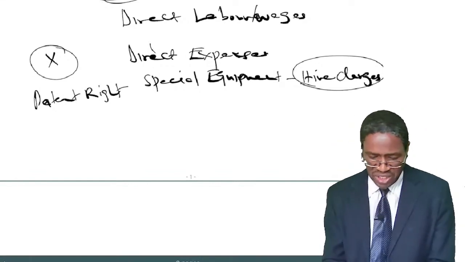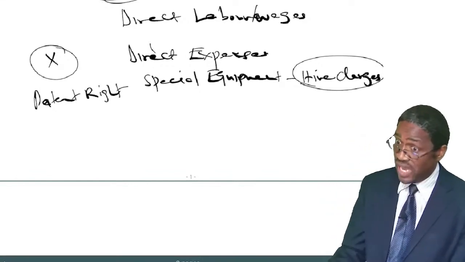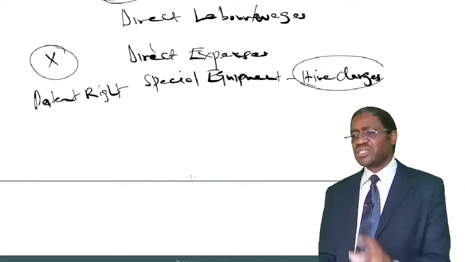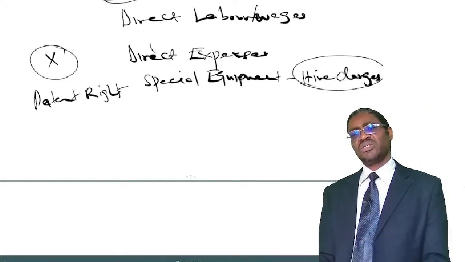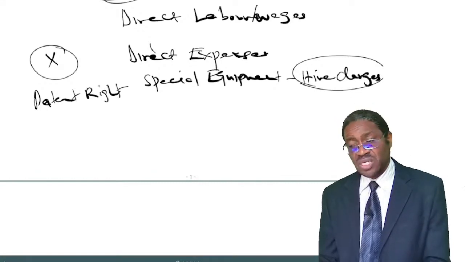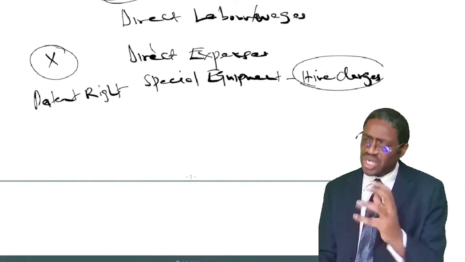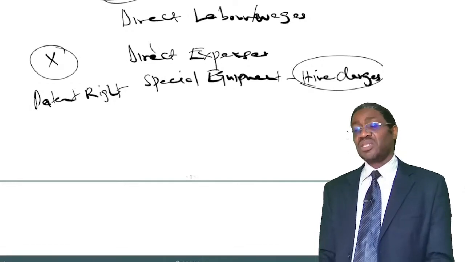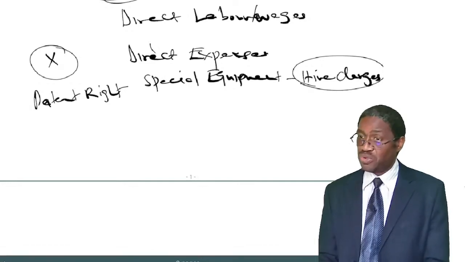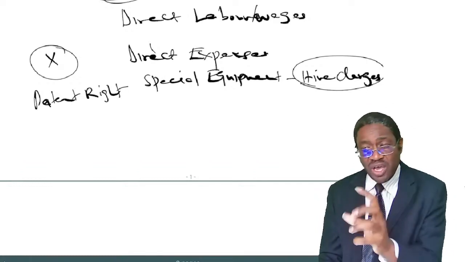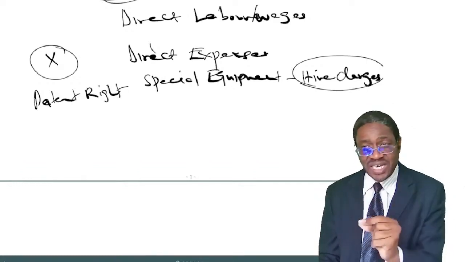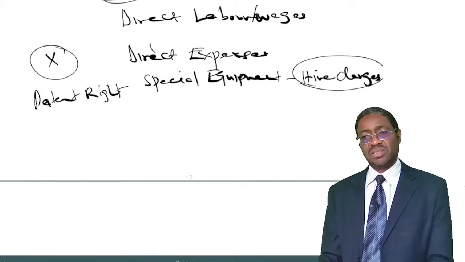So how can I manufacture this product? The only way you can manufacture this product, as a manufacturer, is to go to the owner of the patent rights.